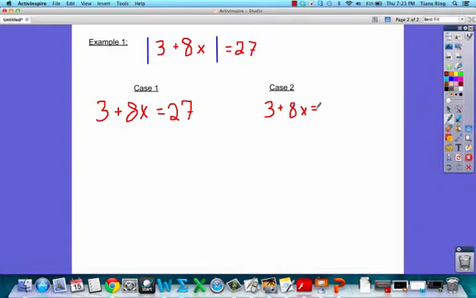Okay, so once you have both of these set up, you're going to solve both of them. You can do them one at a time, you can do them at the same time, but you're going to get two answers. So if we start with case 1, we're going to subtract 3 from both sides, and we are going to get 8x equals 24.